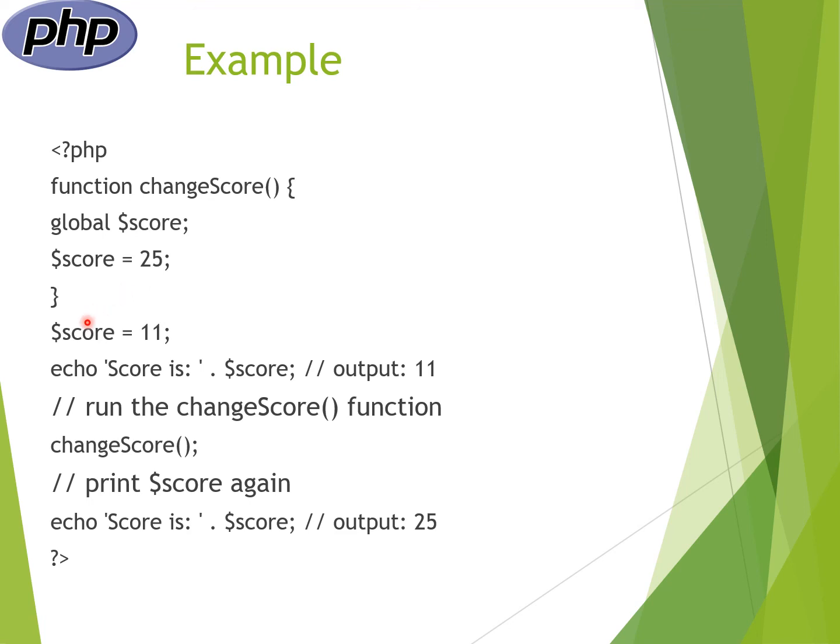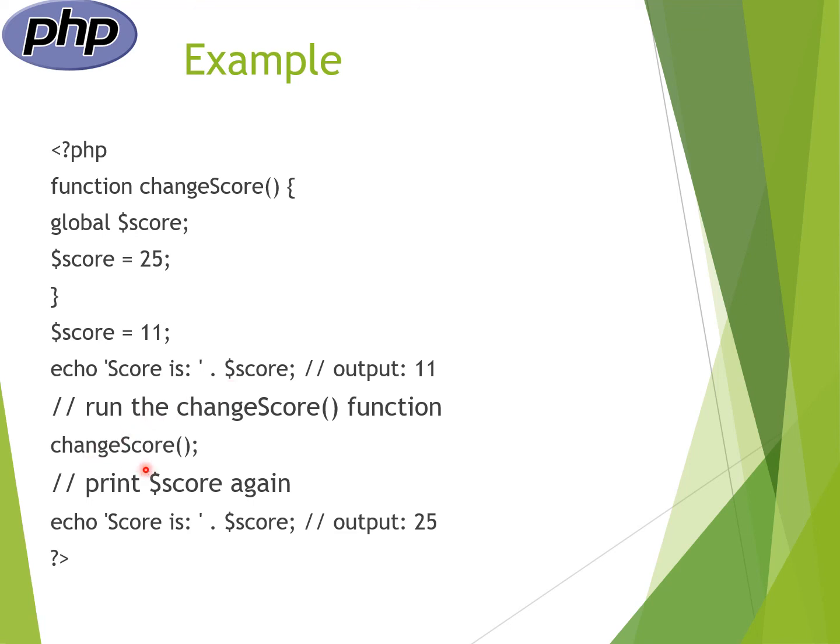After that, outside the function, a $score variable is created with initial value 11. Echo "Score is $score": what happens here is that score is 11 will be printed.